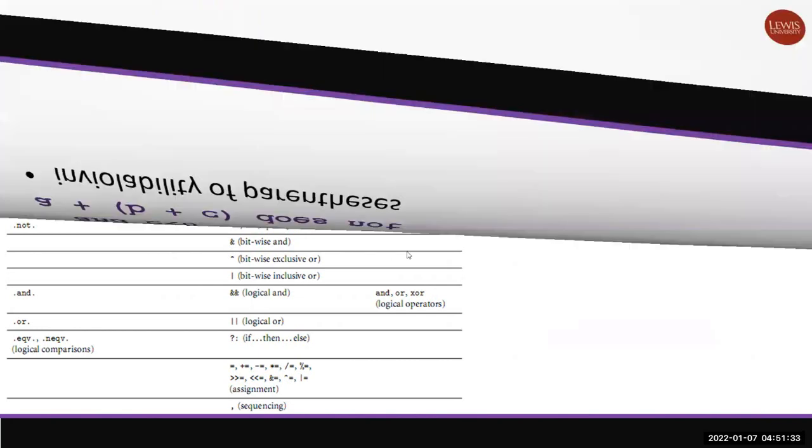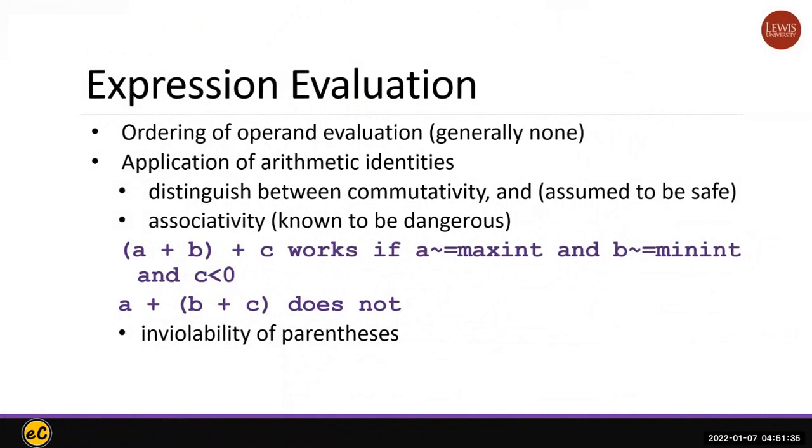Okay, and expression evaluation. So ordering of operand evaluation, generally none. Application of arithmetic identity. So here we have A plus B plus C work if A less than maximum integer and B less than maximum integer and C less than 0.